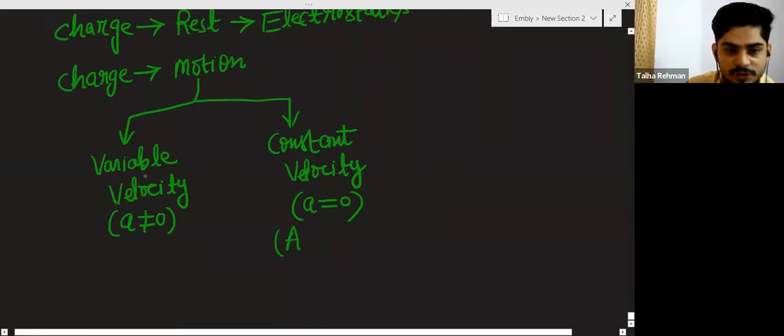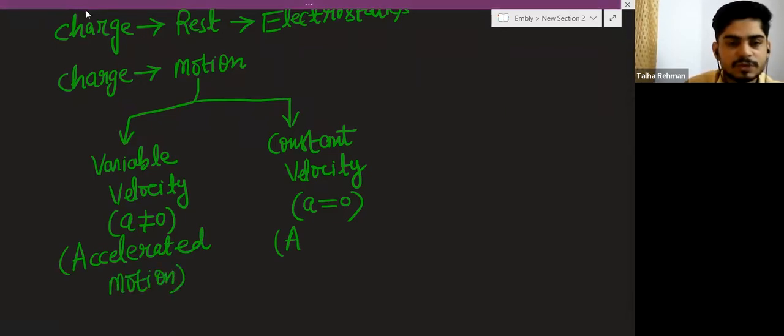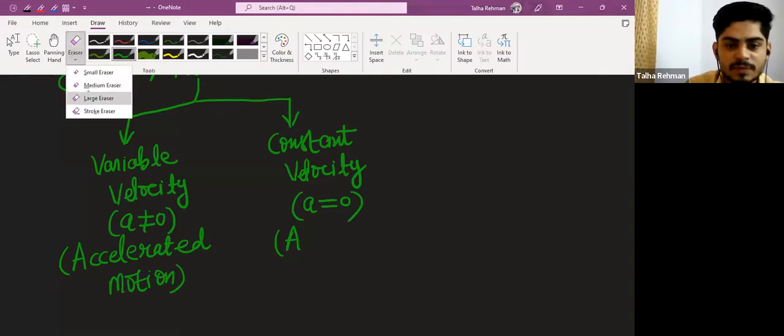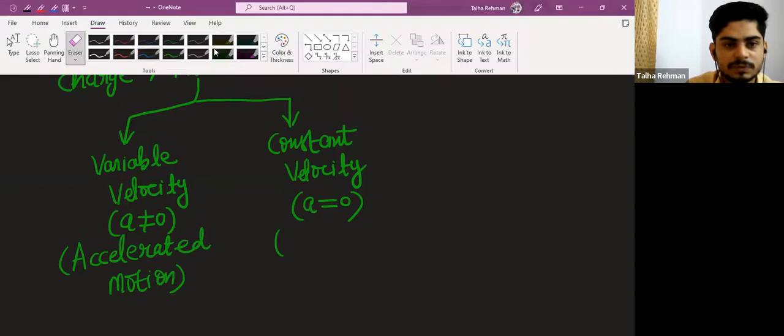When the charge moves with variable velocity, meaning the velocity is changing, this motion of charge is known as accelerated motion. And this motion of charge is known as uniform motion.